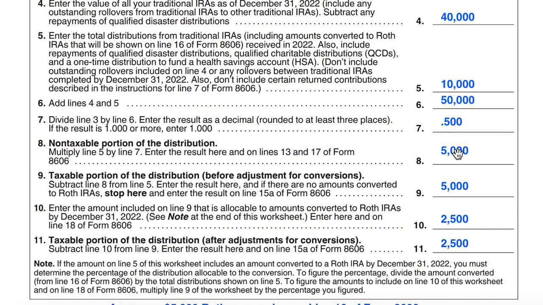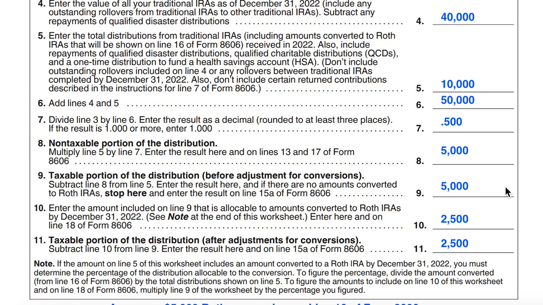So $5,000, 50% of our distribution, is non-taxable. We'll enter that on lines 13 and 17 of Form 8606. And then we're going to subtract this amount from the $10,000. So we get another $5,000 that was taxable. So if you didn't do any Roth conversions, you would stop here. This is the amount that you report on IRS Form 8606.